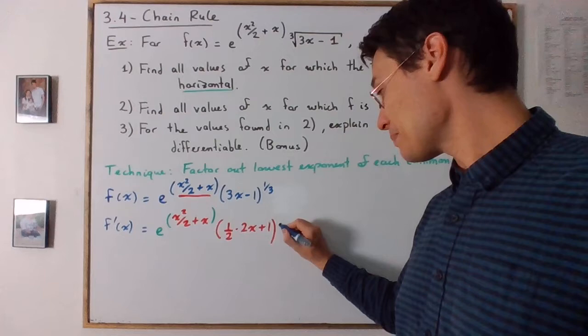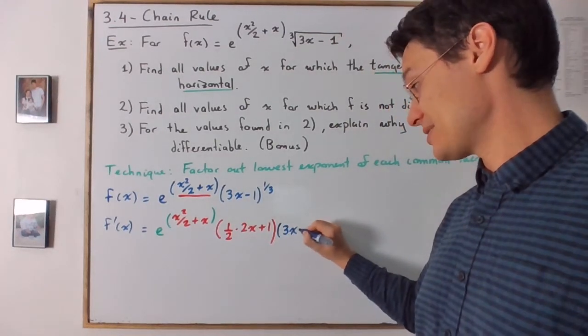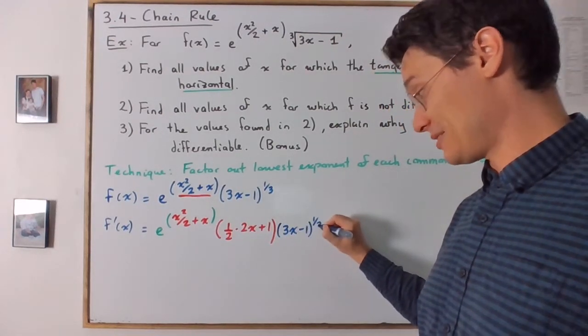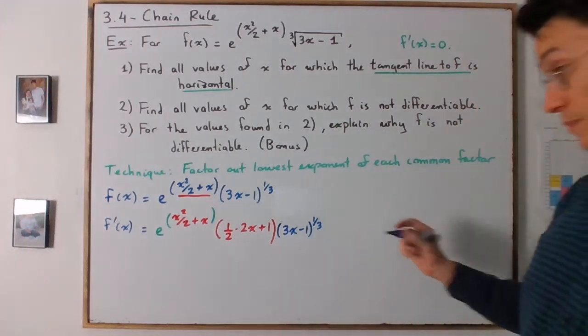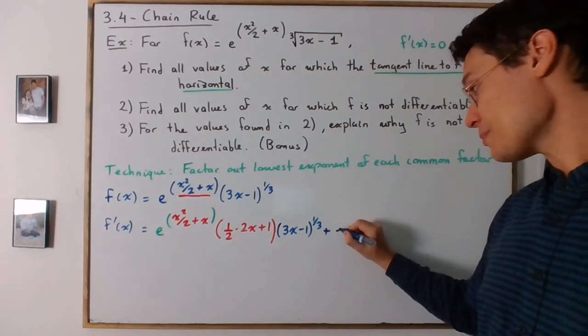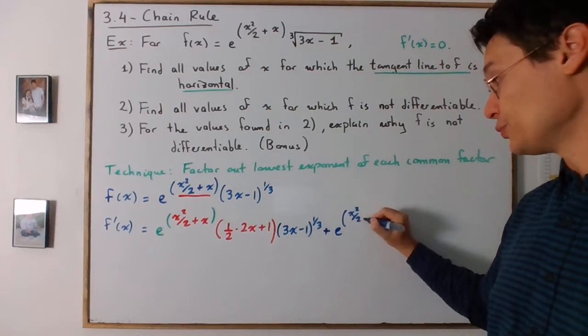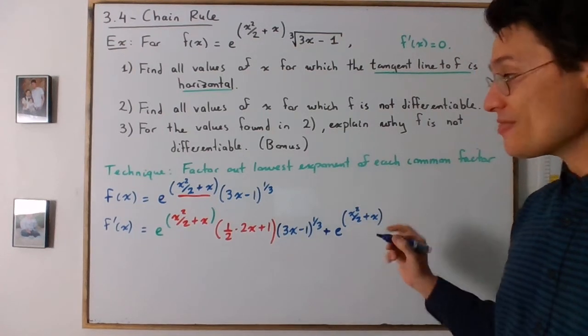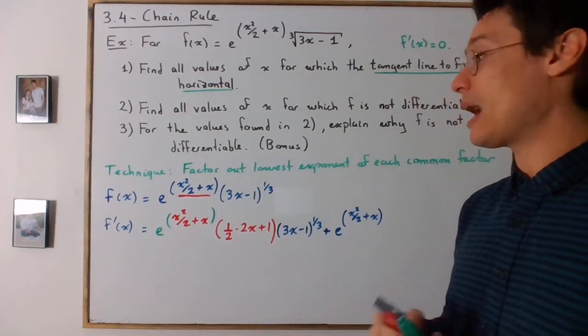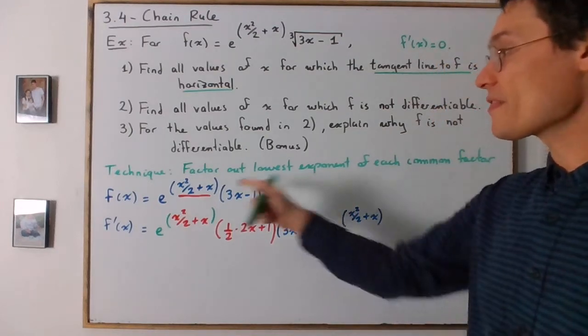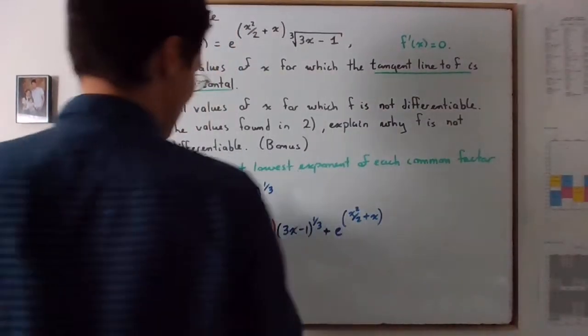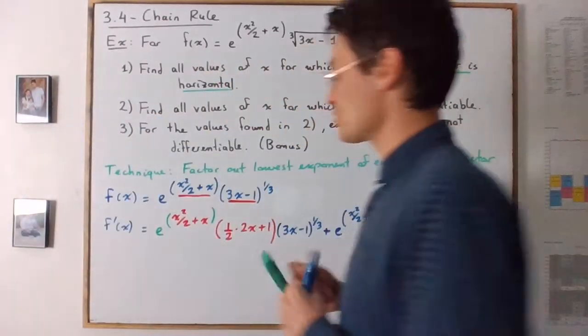Now this is multiplied by the second term, to which we don't take the derivative. We continue the product rule. We have e to the power of x squared over 2 plus x. And then we use the outside-inside rule for this part as well. So now the inside is 3x minus 1.